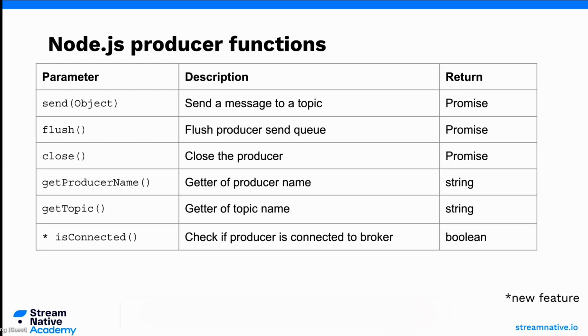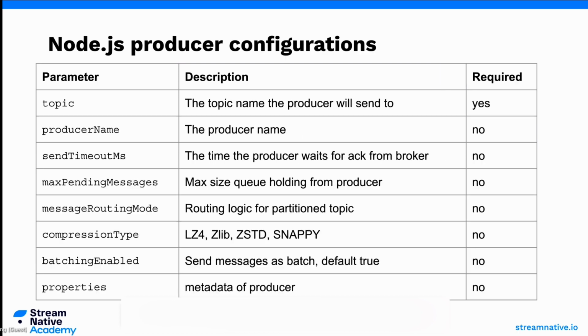We talked about functions. Basically, this is like an object: you have functions and you have properties. So this is a property you can use. When you create a producer, of course, you need to specify what topic you want to send to, and you can specify the producer name.